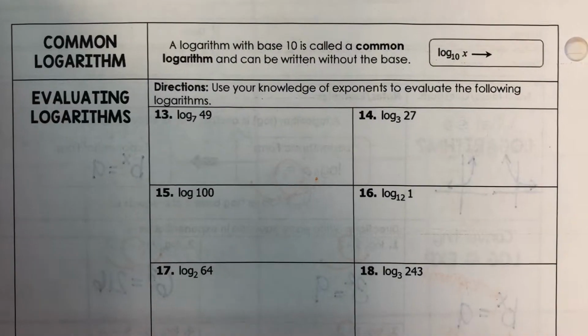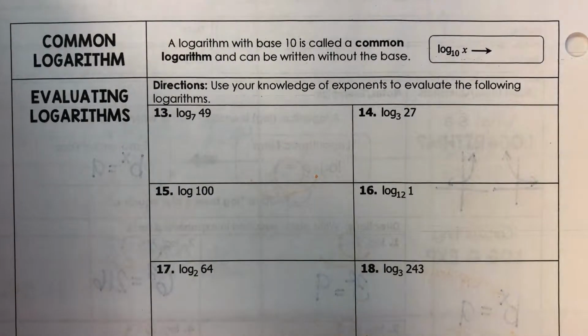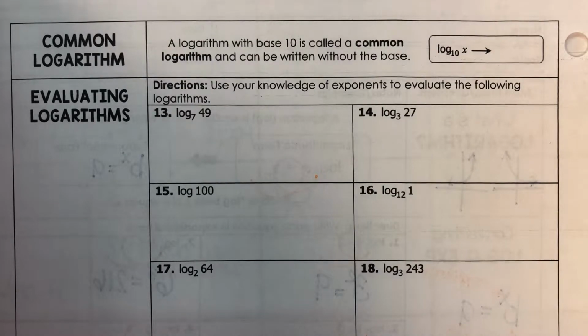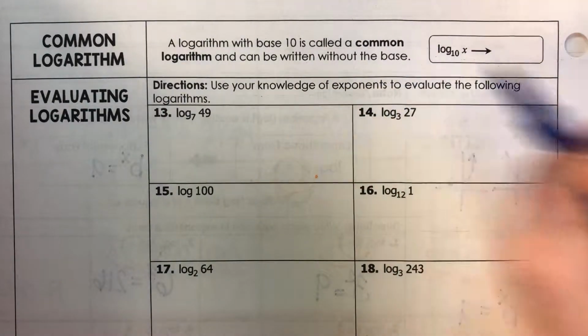Flip your paper to the back, please, and let's look at this top definition. A common logarithm. A logarithm with a base of 10 is called a common logarithm, okay? Now, it says right here, it can be written without the base.